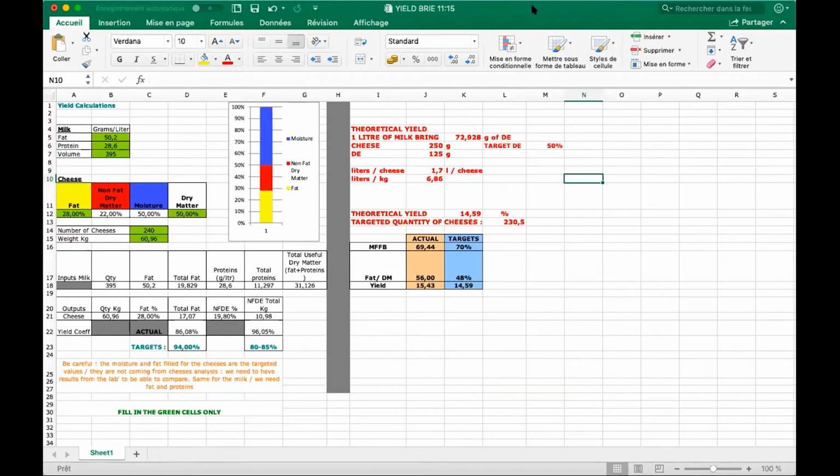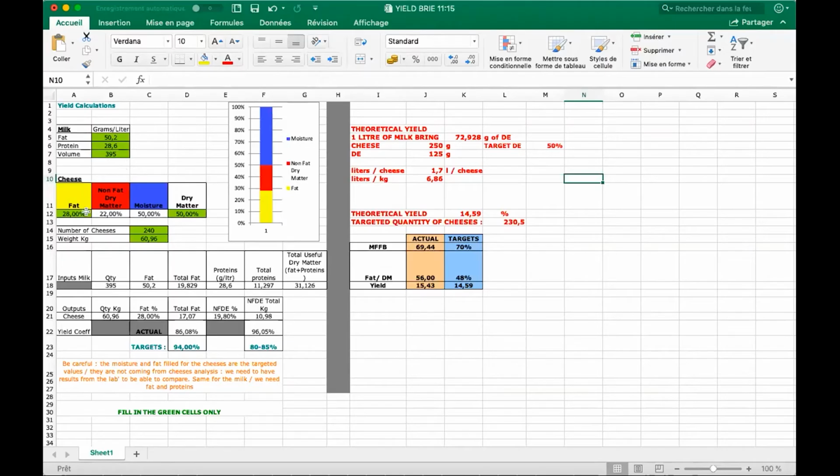So this is an Excel template that permits to anticipate the quantity of cheese. What we need to do is, in the green cells in here, fill in the composition of milk in terms of fat in grams per liter and not in percentage. Just multiply by 10, so instead of 5.02%, this means 50.2 grams per liter. Proteins, volume of milk in here.